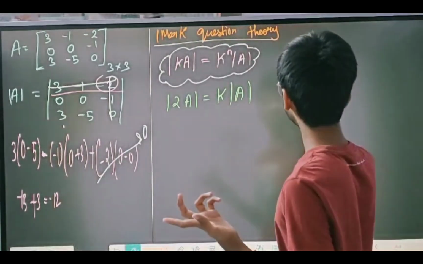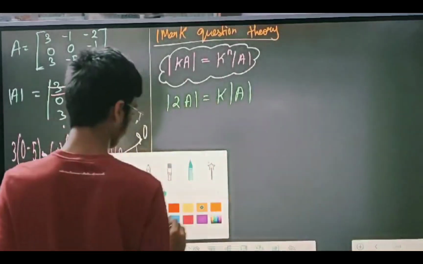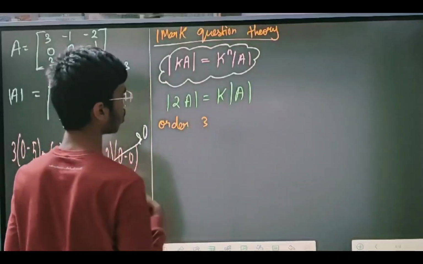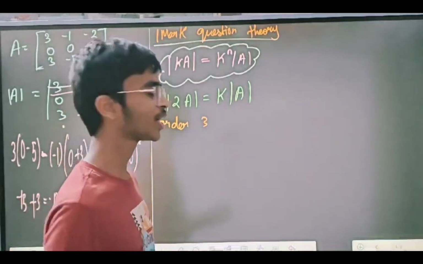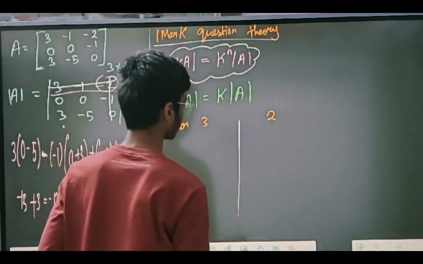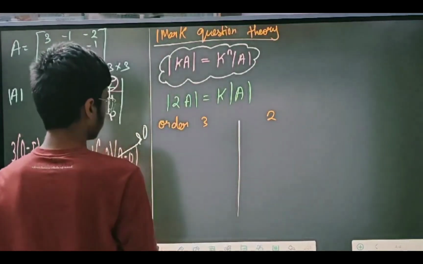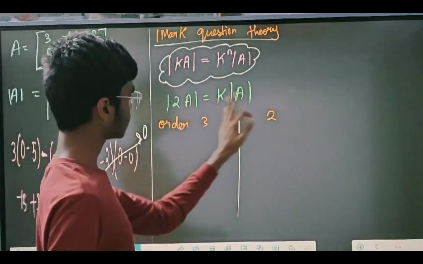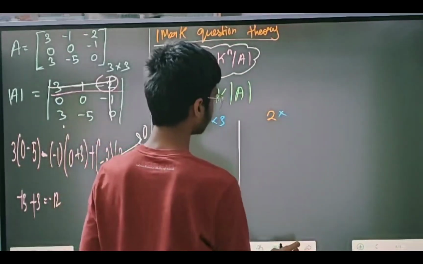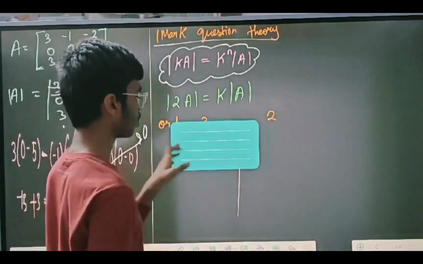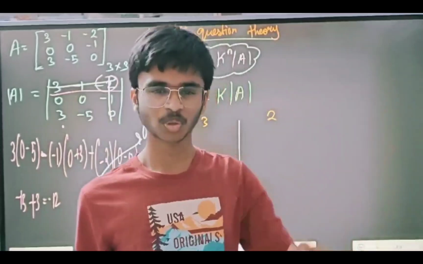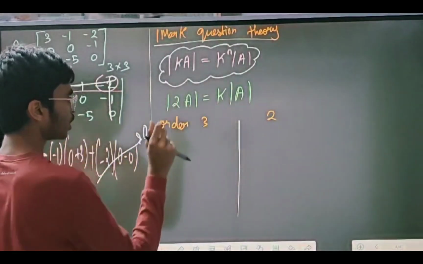Now if the order is 3 by 3, and the other order is 2. Actually it's only with square matrices, so I'm not writing 3 into 3, just 3, and 2 into 2, just 2. So this is what they have given here.